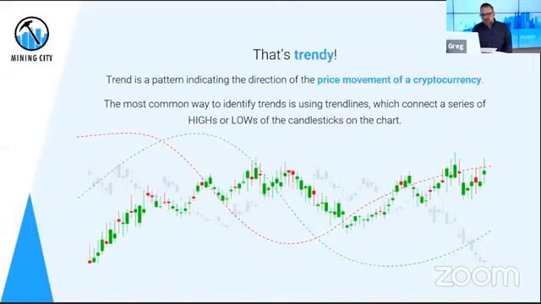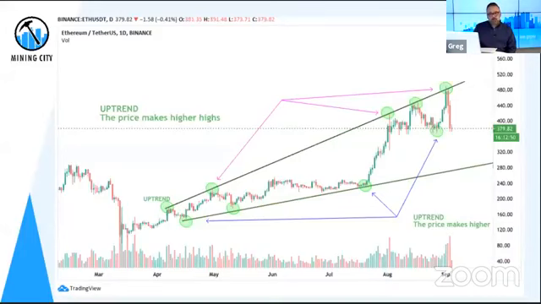It explains different trends and helps traders understand what is happening with the price. The most common way to identify trends is by using trend lines. They connect a series of lows and highs of a particular candlestick on a chart. And let me show you how that looks.